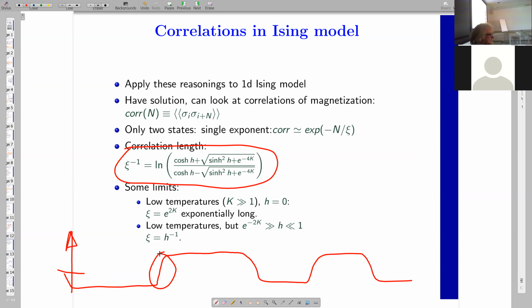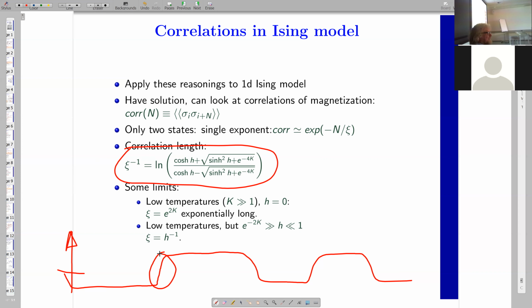So if temperature is low, the concentration of domain walls must be exponentially small. That defines actually the length of the domain.